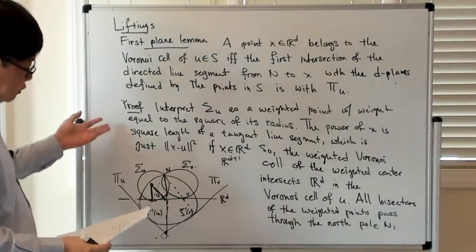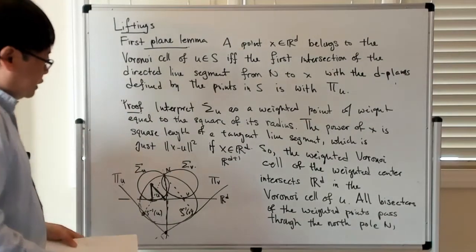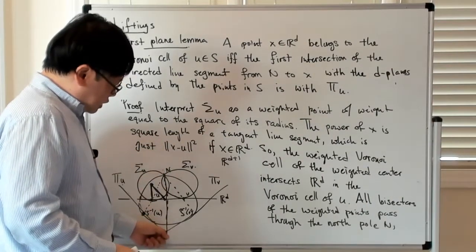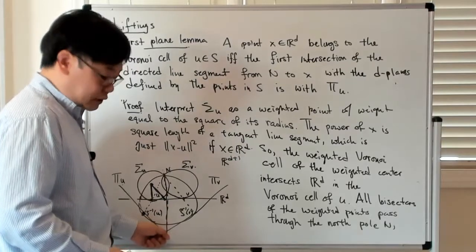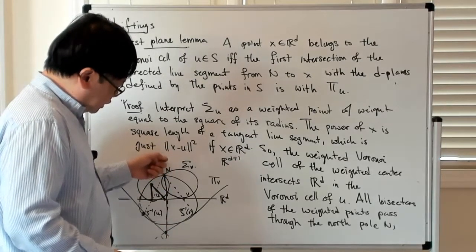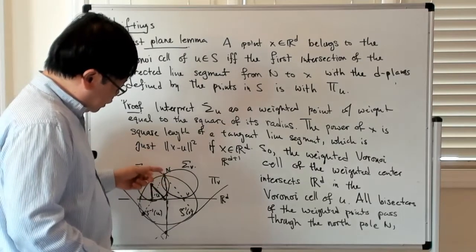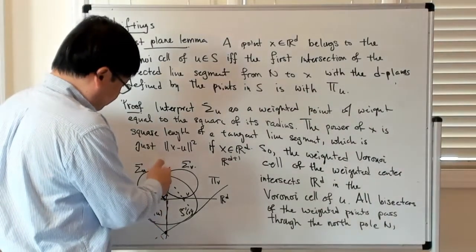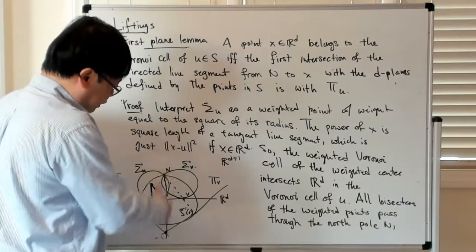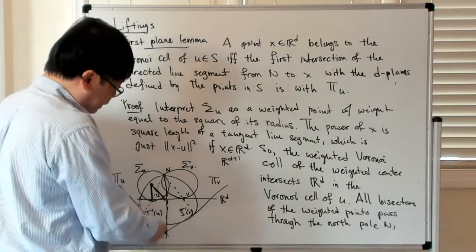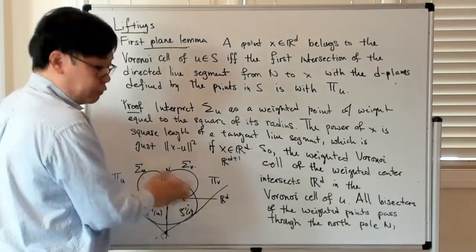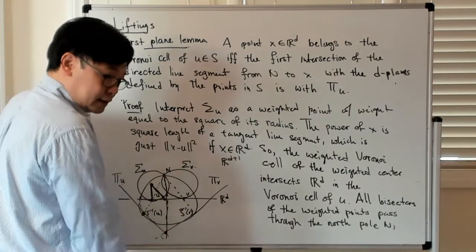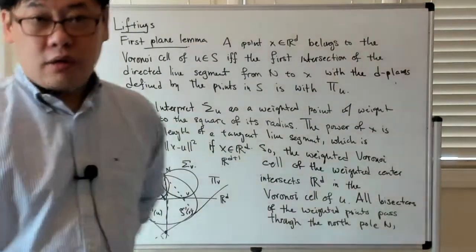And the proof, perhaps the easiest way to think about it, is from the observation that the intersection between these two hyperplanes is on a line segment, so the weighted bisector between those two points is exactly going to go through this intersection between hyperplanes. Okay, all right, so let me just stop here.